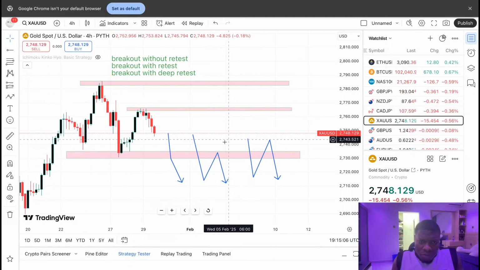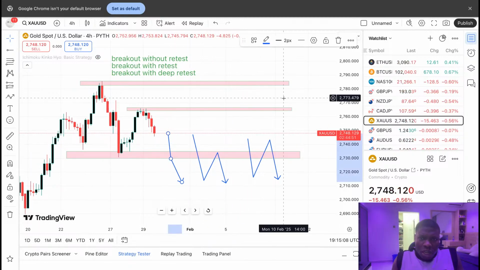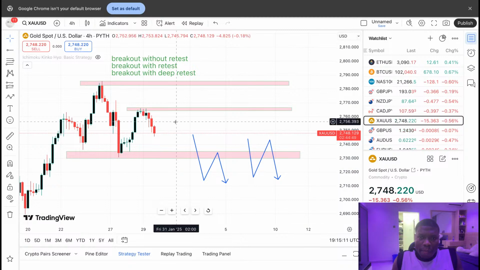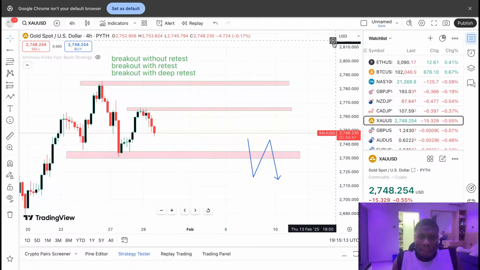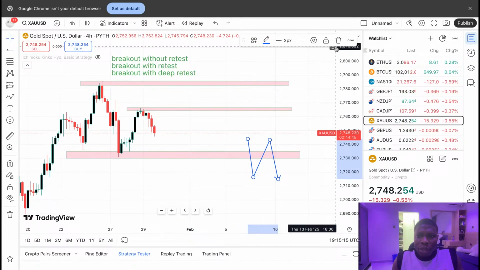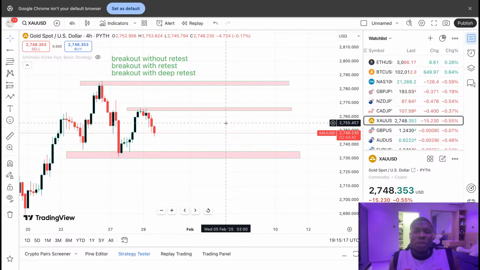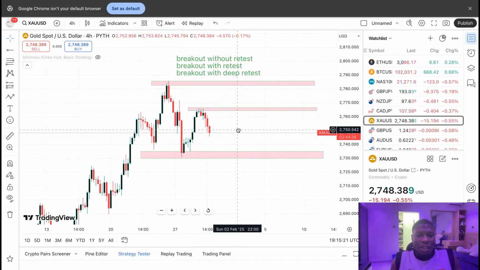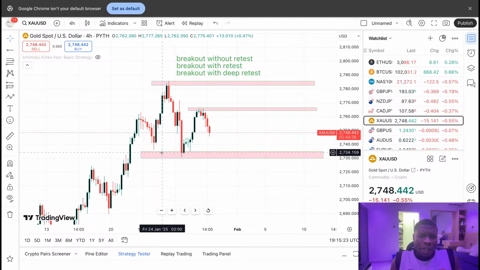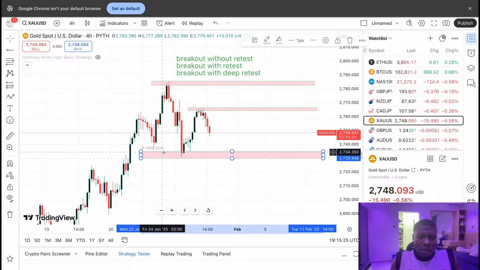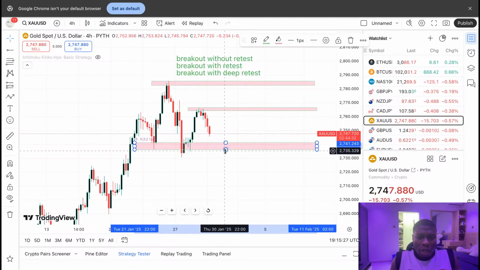Okay. So having explained this, now let me show you how to perfectly trade your support and resistance. Now, when there is a breakout, you've learned that the breakout happens in a region.